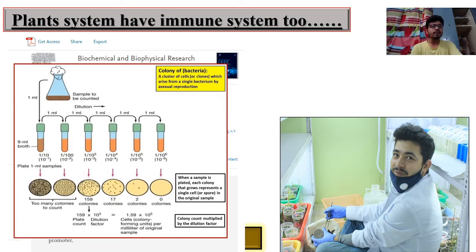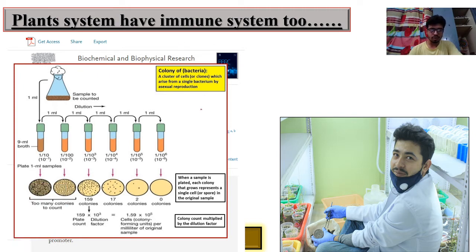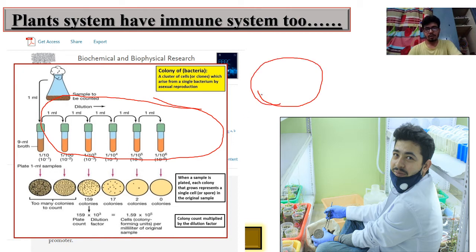Dear friends, I would like to first demonstrate what serial dilution is. To know about serial dilution, you have to understand the basic things. Go into your field and take rhizospheric soil. What is rhizospheric soil?